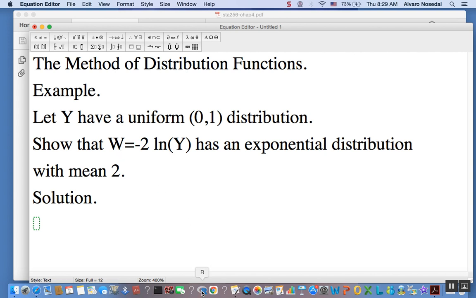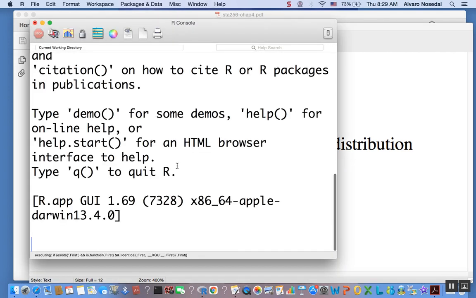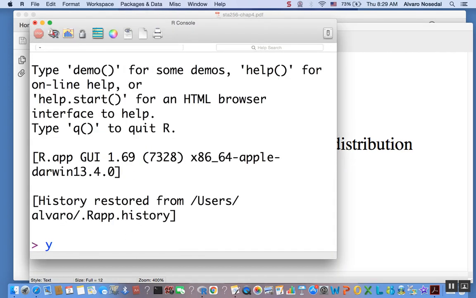Okay, so I will launch R. So we're going to create a sequence that starts at 0.0001. Remember that the y's are between 0 and 1, but without including either 0 or 1. So I'm going to be creating a sequence of numbers between 0 and 1 that look like that.